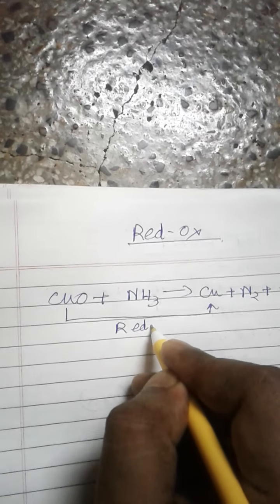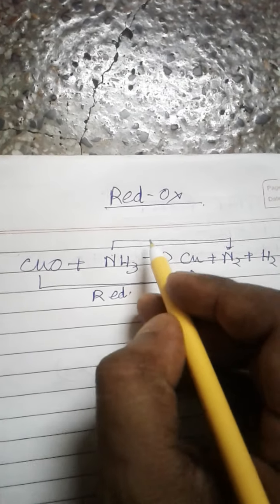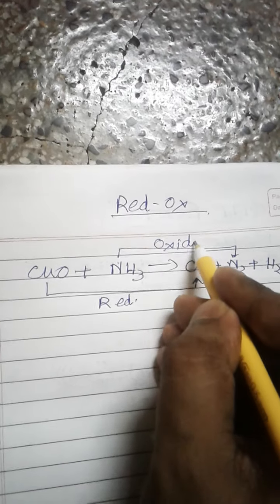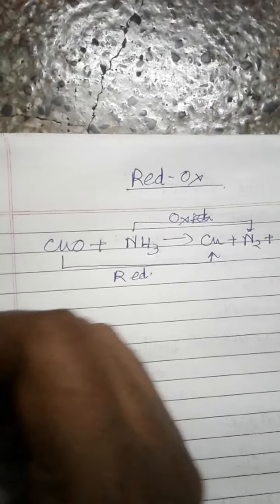This is the reduction. And in the case of ammonia to nitrogen, it eliminates hydrogen, so it becomes oxidized. This is our old method to know which one gets reduced and which one gets oxidized.